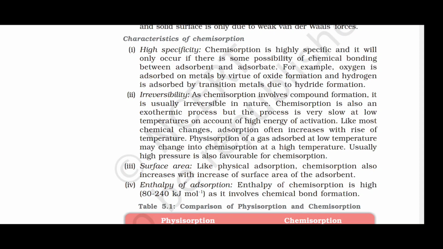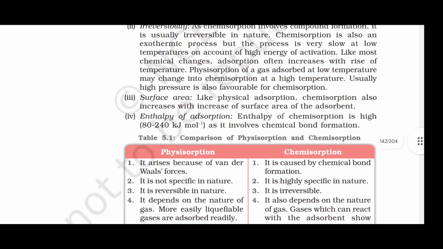Usually, high pressure is also favorable for chemisorption. Third, surface area. Like physical adsorption, chemisorption also increases with increase of surface area of the adsorbent. Fourth, enthalpy of adsorption. Enthalpy of chemisorption is high, 80 to 240 kilojoule per mole, as it involves chemical bond formation.